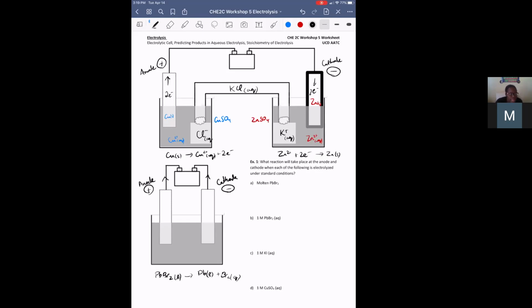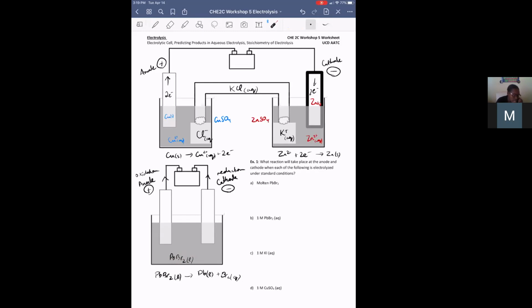Oxidation is occurring at our anode, like before, and reduction is occurring at our cathode. But now we want to think about PbBr2 as a liquid being our solution. So that's this gray area.